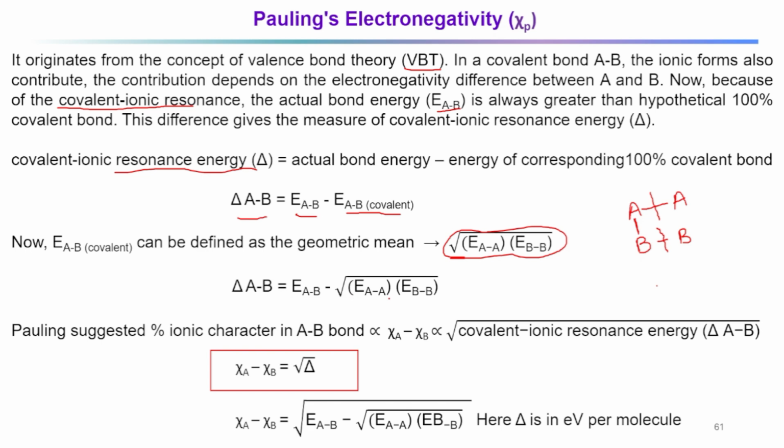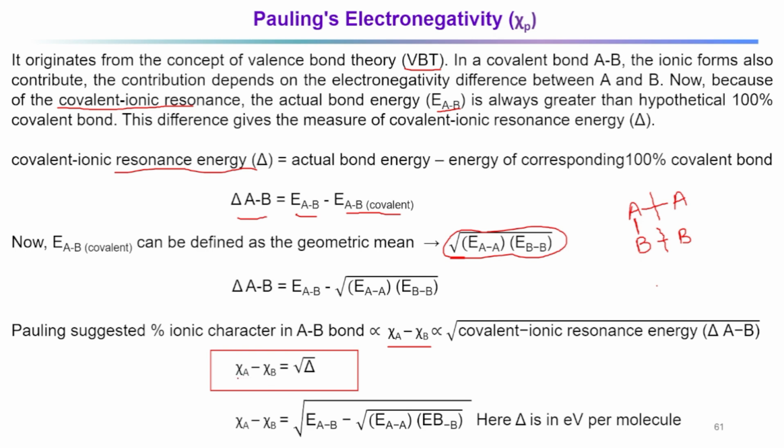Now Pauling suggested this 100% ionic character in AB bond is actually proportional to the difference between their electronegativity, that is proportional to chi A minus chi B, and that is also proportional to square root of covalent ionic resonance energy, or delta AB. So from here we get chi A minus chi B. This chi is the symbol of electronegativity.